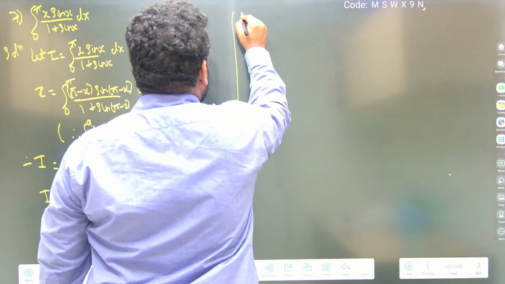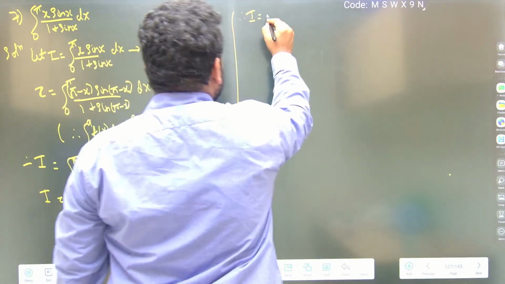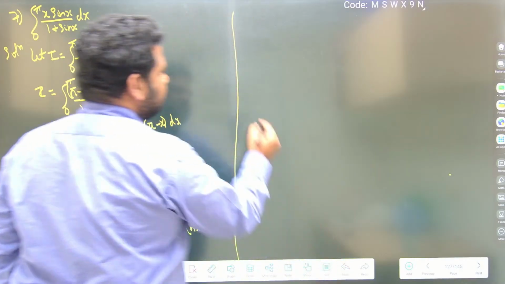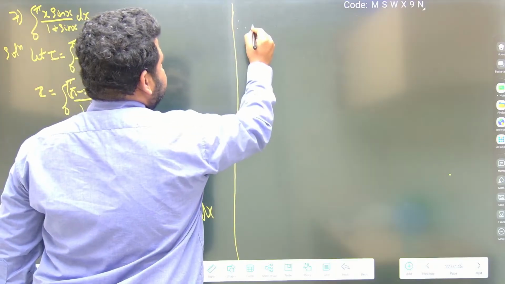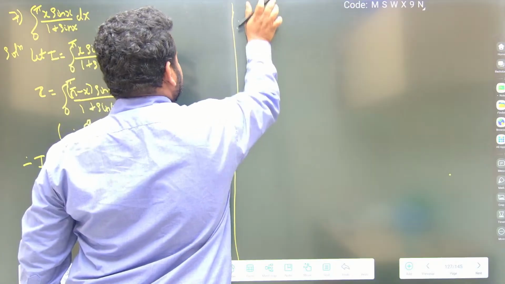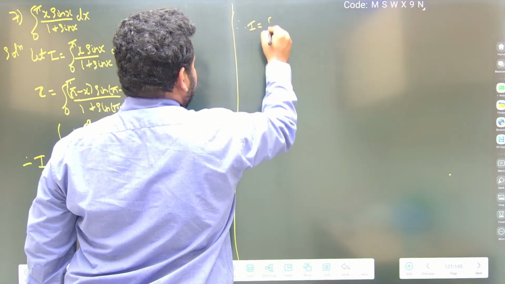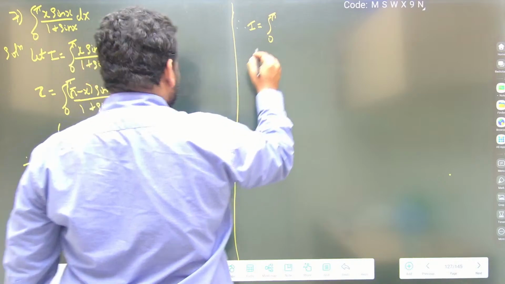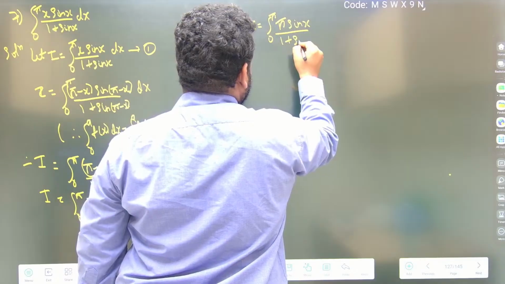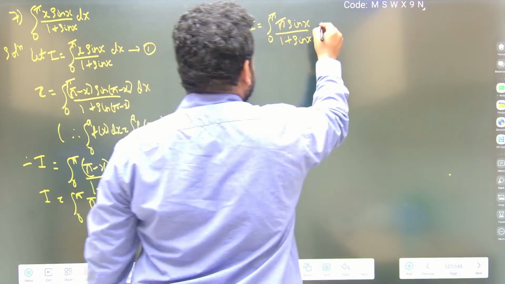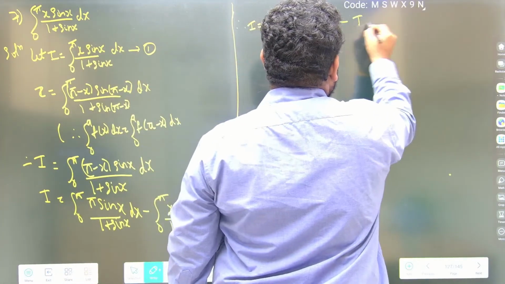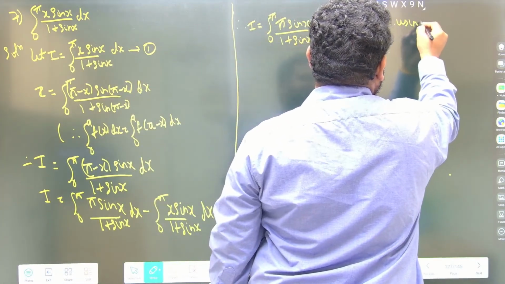Therefore I is equal to integral 0 to pi, pi sin x by 1 plus sin x dx, minus I, using equation 1.